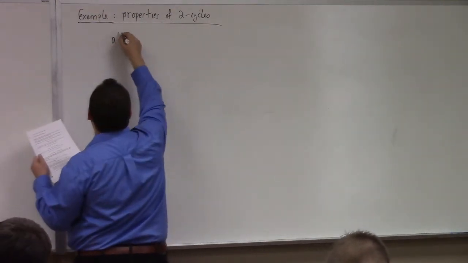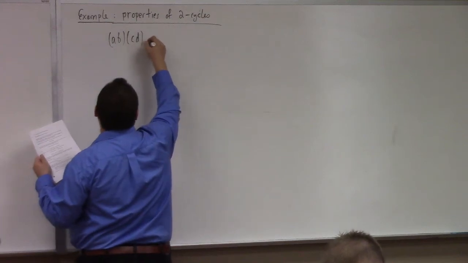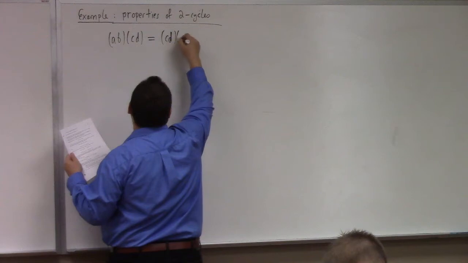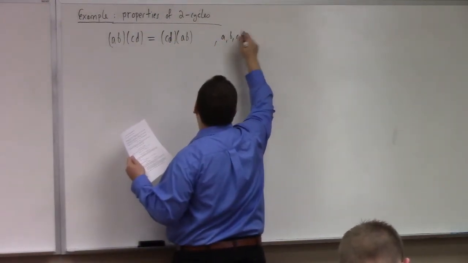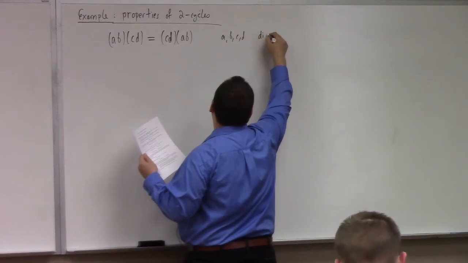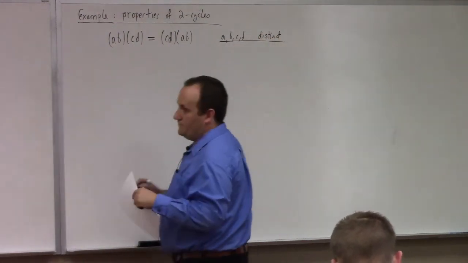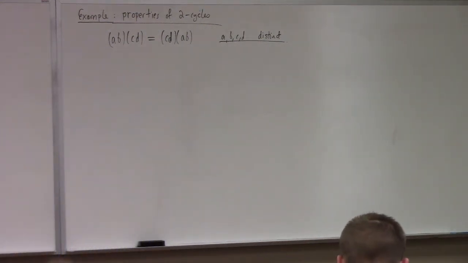First of all, and this is part of a more general theorem we proved last time, right? If I have A, B, C, D distinct, that means the 2-cycle (A B) and the 2-cycle (C D) are disjoint.